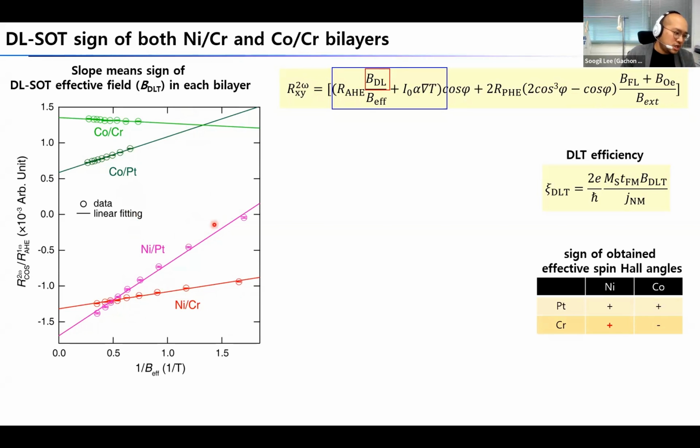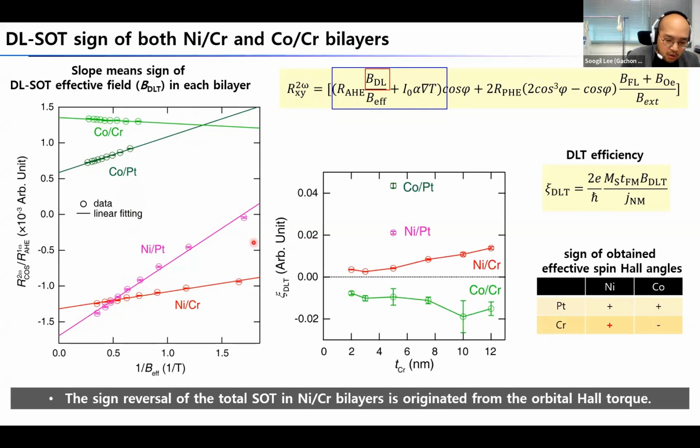Moreover, this sign change gradually increases with increasing the thickness of chromium, as you can see here. This graph presents the damping-like torque efficiency evaluated by this equation, which corresponds to the effective spin Hall angle of the system. This indicates the measured spin-orbit torque in this nickel chromium bilayer originates from the chromium bulk.